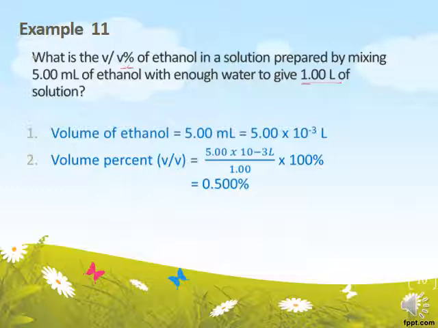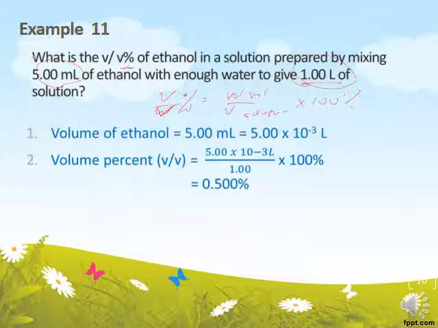By definition, volume over volume percent means volume of the solute over volume of solution times 100%. So we have the volume of solute here, 5 ml, and volume of solution, 1 liter.